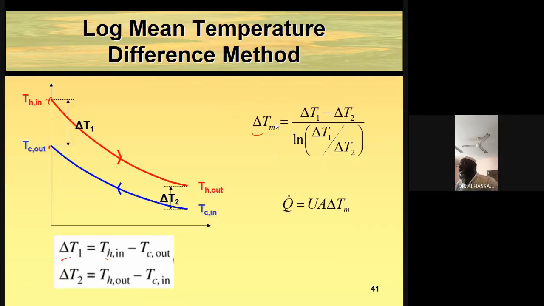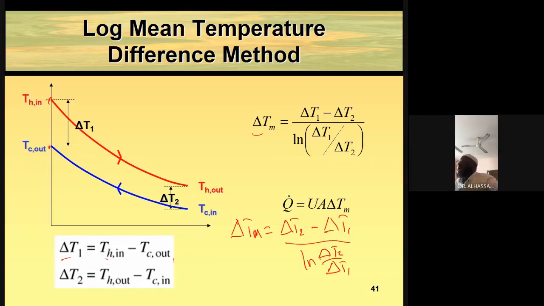Now, this equation can be written in any form. We can also write delta T in this way, that delta Tm equals to, very important, a student asked me this question, that's what I'm explaining. Delta Tm can be written as delta T2 minus delta T1 divided by log of delta T2 divided by delta T1.